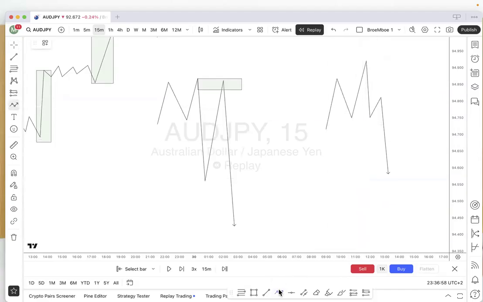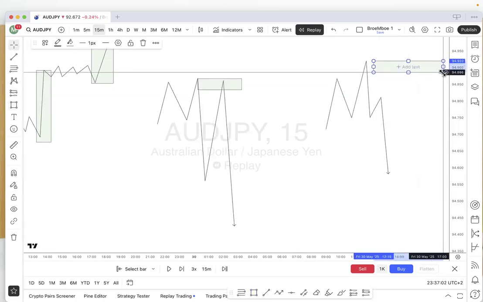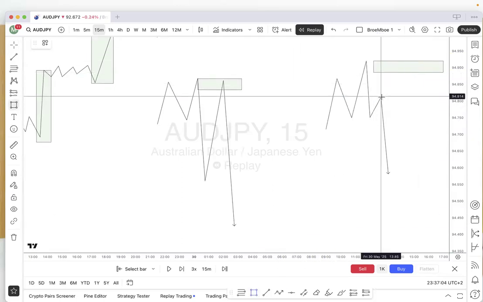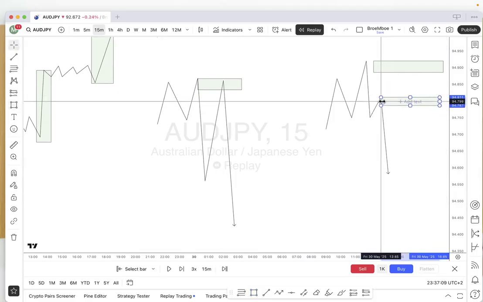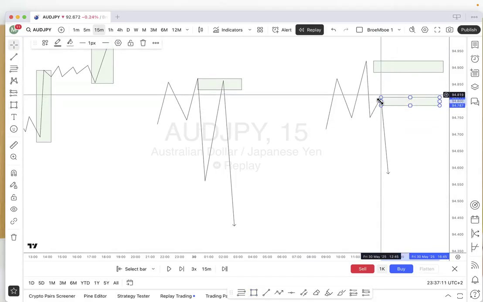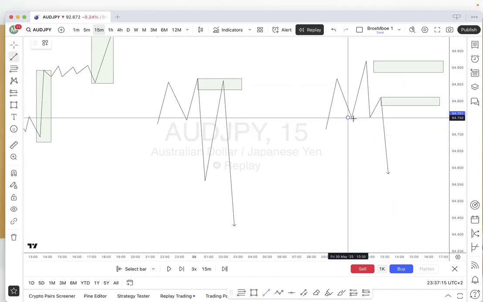So price, instead of going all the way up there, will most likely turn around here, because this is the high that broke this low.